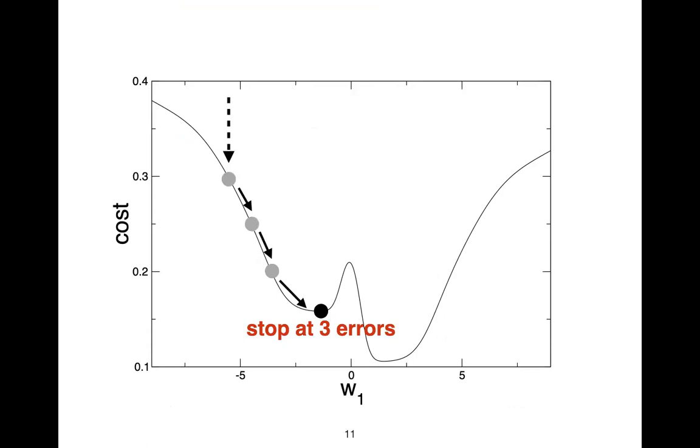We do any number of steps of gradient descent. We stop at 3 errors because this is a local minimum, the lowest you can go if you start from W1 equals -5.